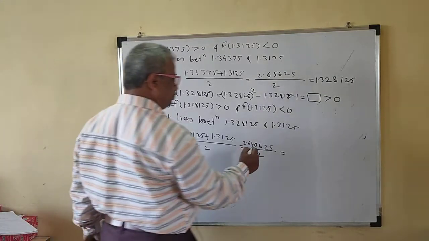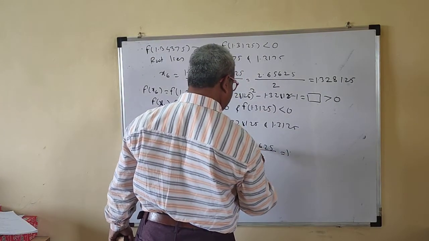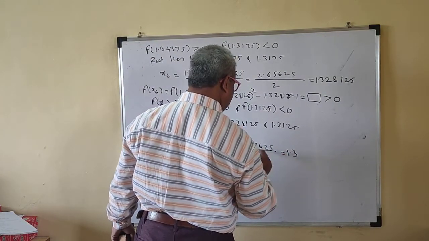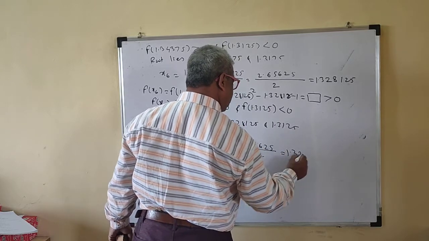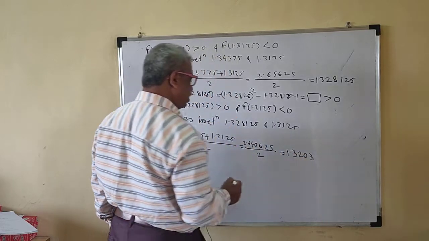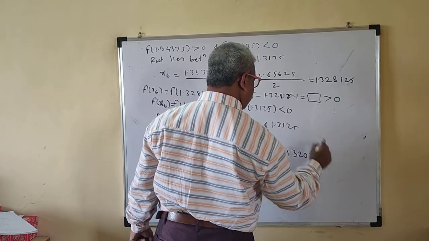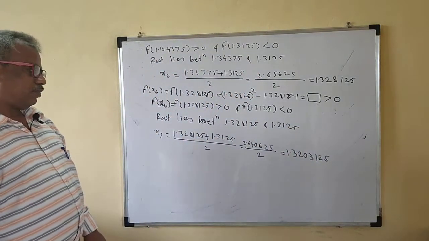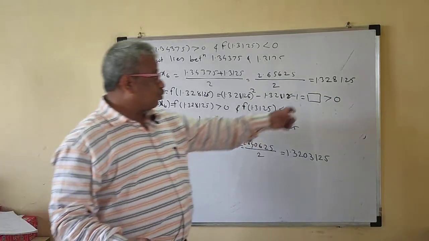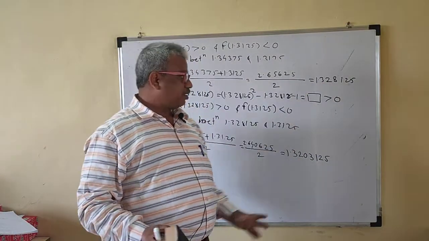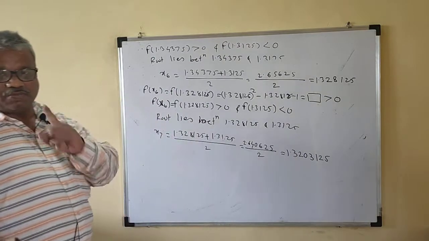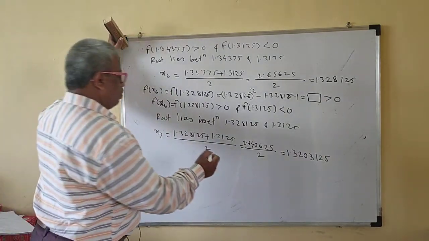So this is 1.3203125. Now see, up to 2 decimal places we get the correct value. Up to 3 decimal places we have to do this one.